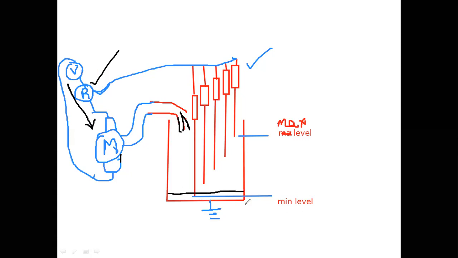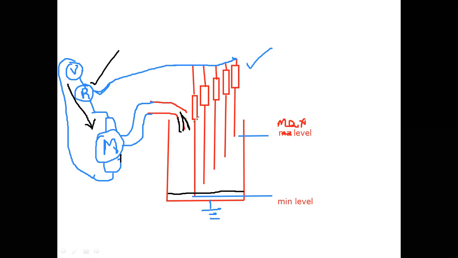The tank is insulated and it is grounded. Here water acts as a conductor. One end of this resistor is connected to this resistive network, and the other end is open till now.